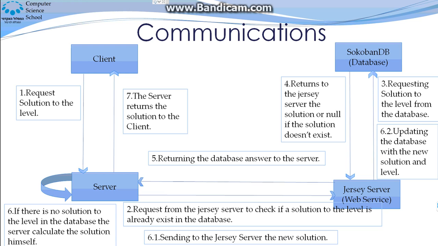If there is a solution, the server will return the solution to the client. Otherwise, the server will calculate the solution himself. First, he will update the solution in the database using the Jersey server, and then he will send the solution to the client.